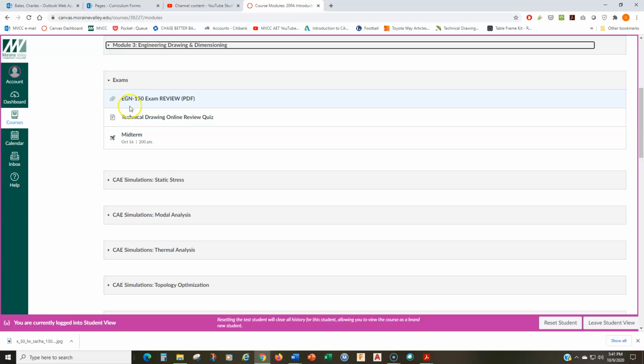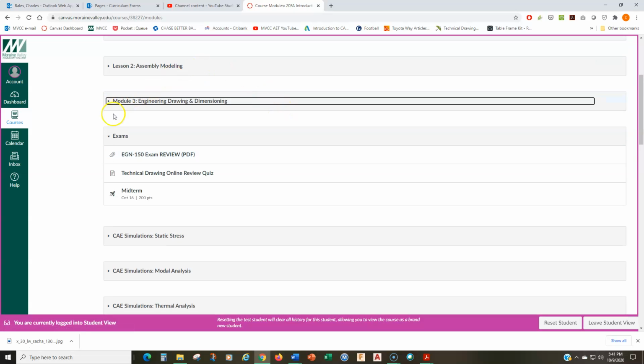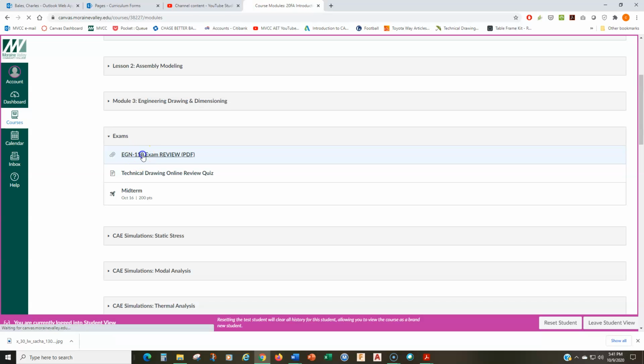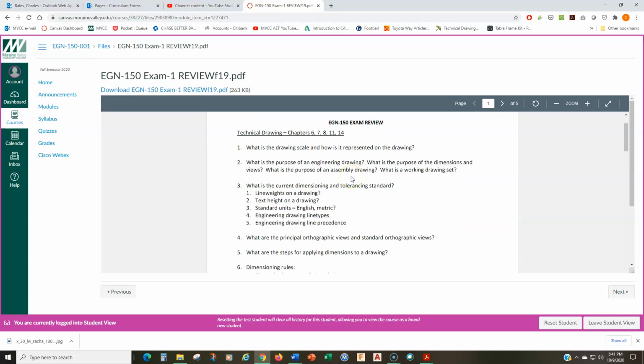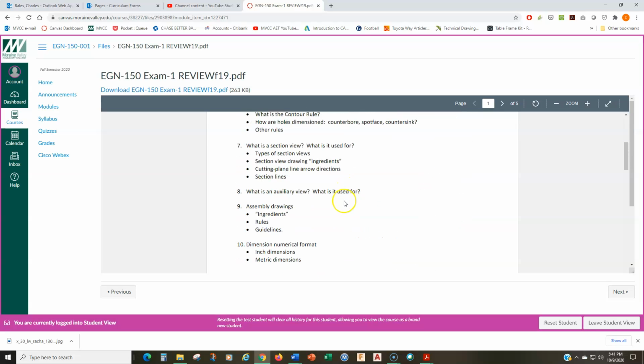Now, for the midterm exam, by the way, this is the student view, so this is what you'll see. The midterm is not available yet. It won't be available until Friday, a week from today. But for the midterm exam, I have created an exam review, okay? This is an exam review sheet that you can print out and go through.